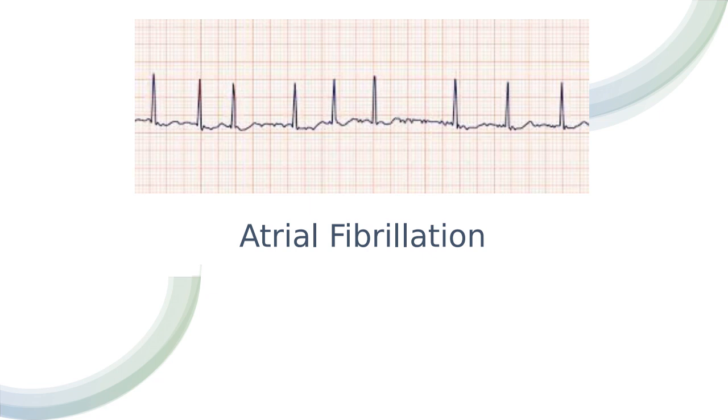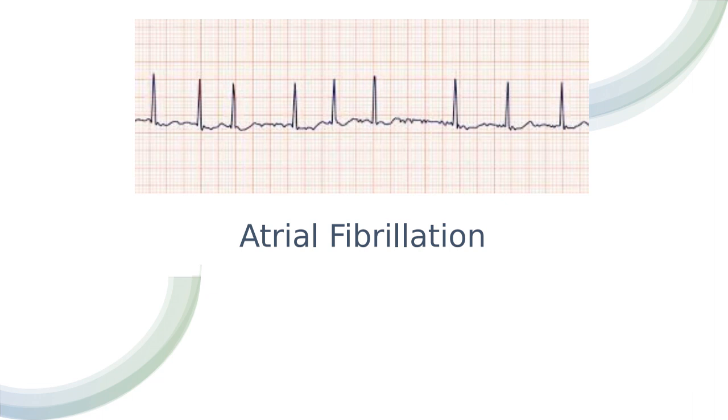This slide right here is atrial fibrillation. This is your most common abnormality with heart rates. This is commonly associated with coronary artery disease. But what makes this different from normal sinus is if you look at these, when you measure these, they should match every time.